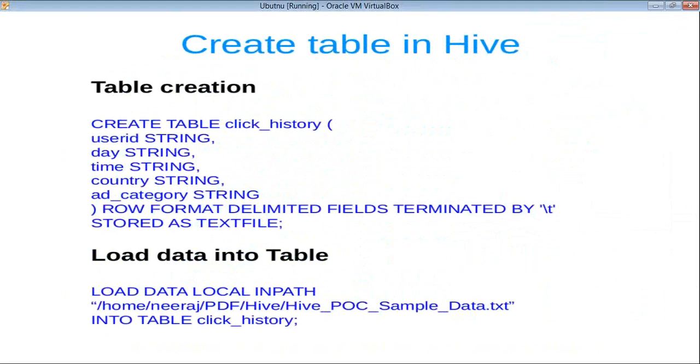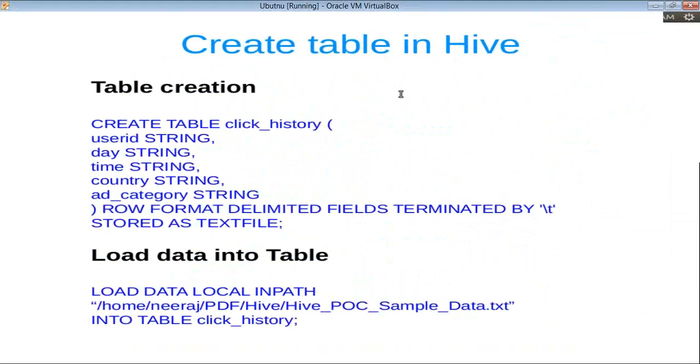These are my 5 columns, and you know that in Hive specifying the column names and their data types is not sufficient. We need to provide one more line, that is row format delimited fields terminated by \t, again tab, because this data is also tab separated and stored as text file. So let's create this table and load some data into it.